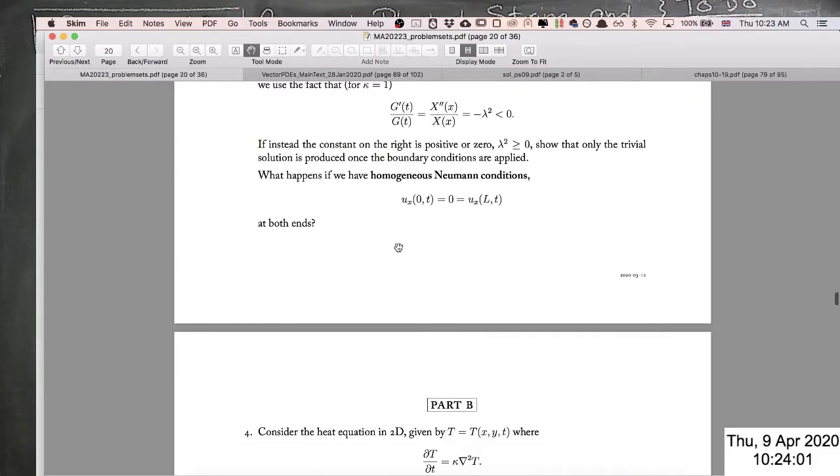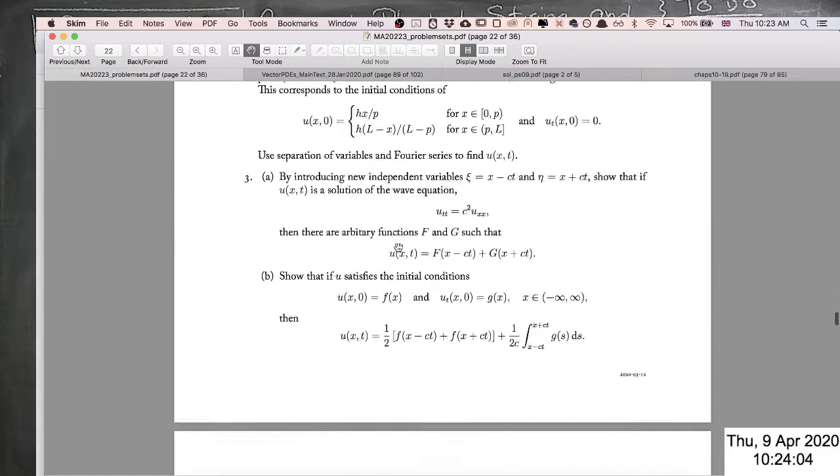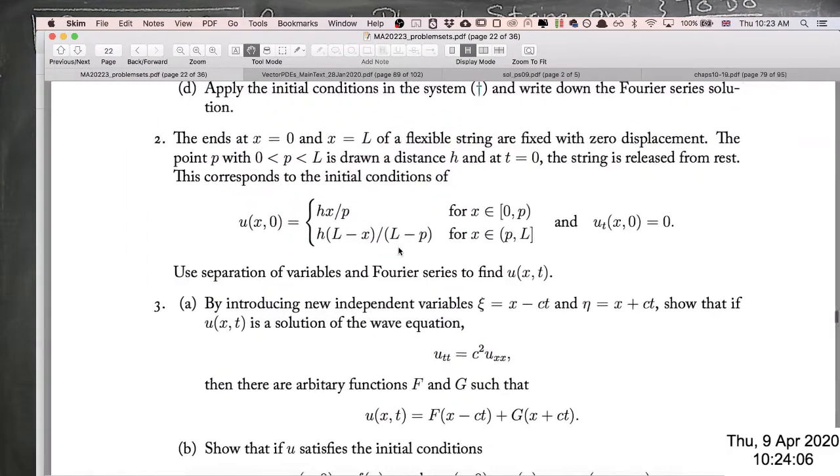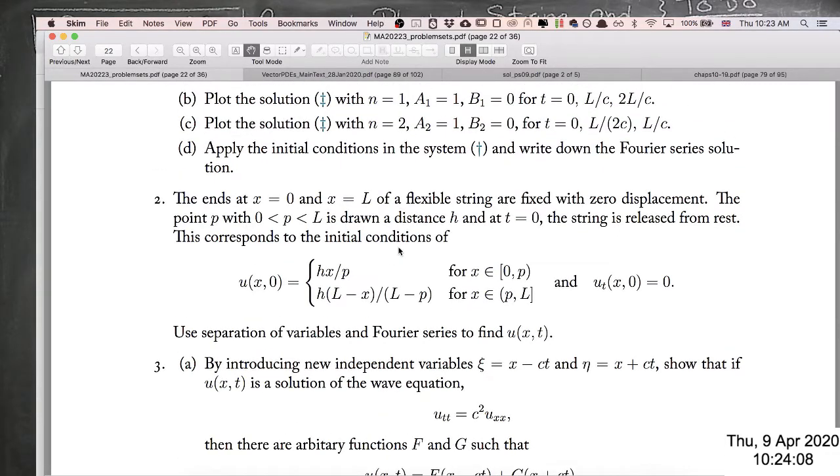We're going to start now with problem set number 9, and this question here about the plucked string. Let's read it over together. The ends of a flexible string, one at 0 and one at L, are fixed with 0 displacement.